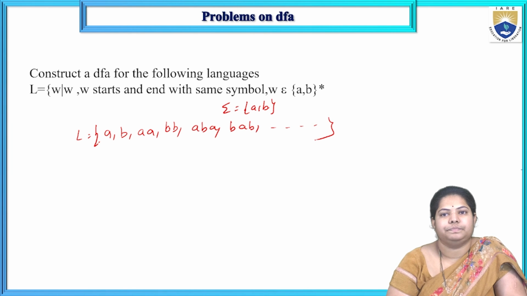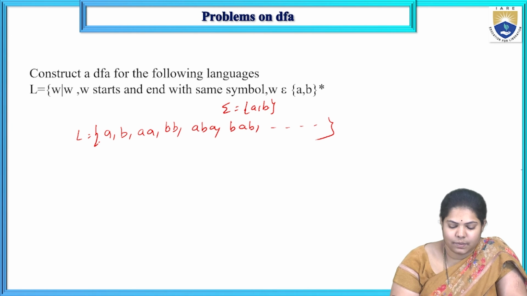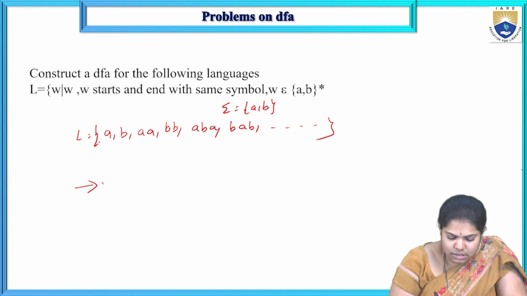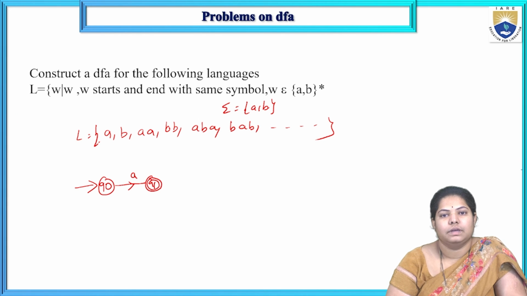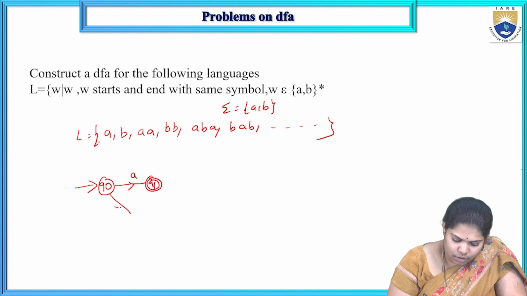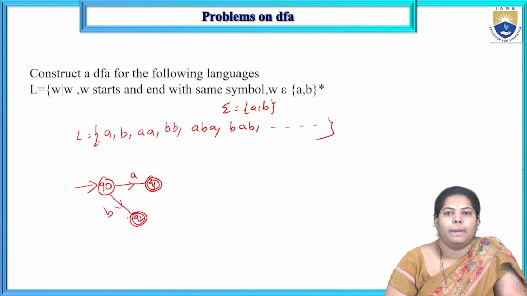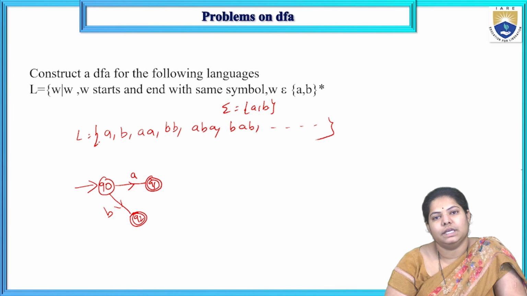Any length string. As the language is infinite, I start with Q0. On seeing A, I reach the final state Q1. And on seeing B, I should reach the final state Q2. What about the string length 2?